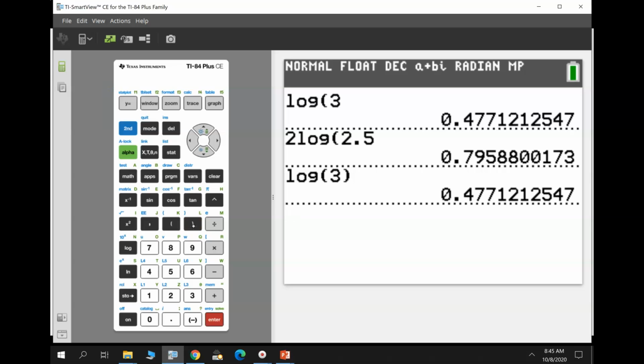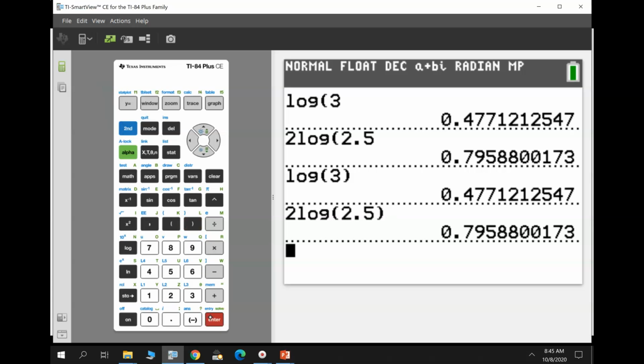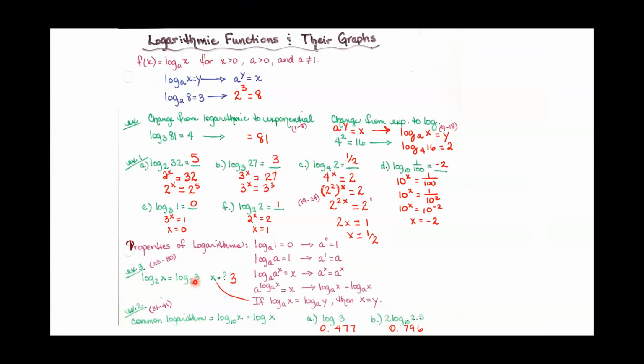And then the next one was 2 times the log of 2.5, and again that log had a common base of 10. So whether they write the base of 10 or not, if there's no base, it's 10. Even if they write the base of 10, that is the common log, and that is the log button that is on our calculator.